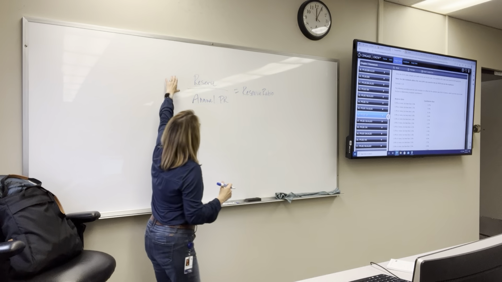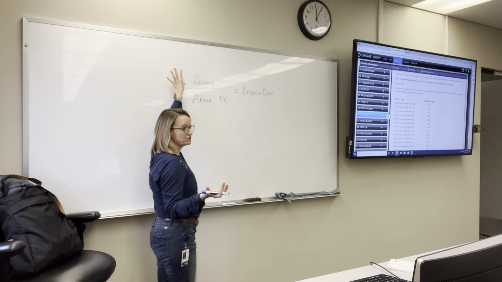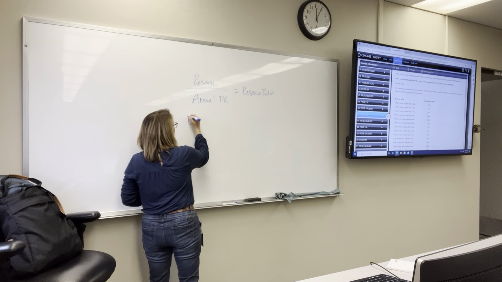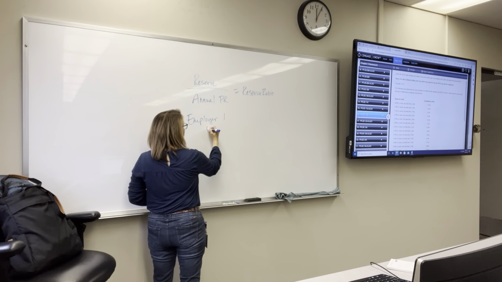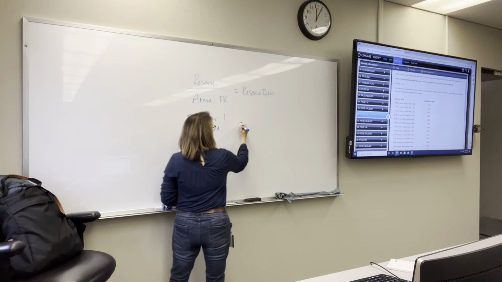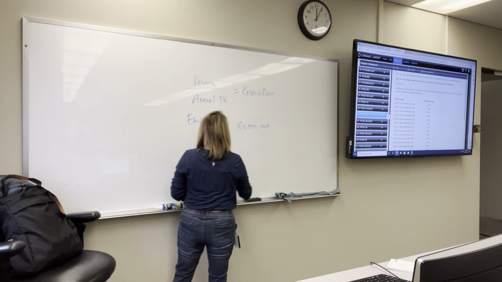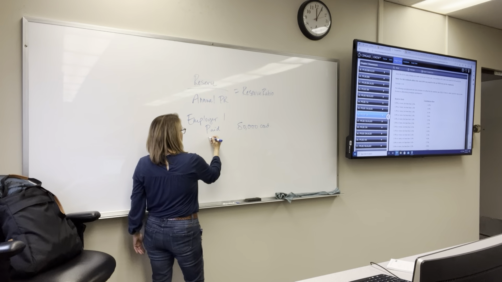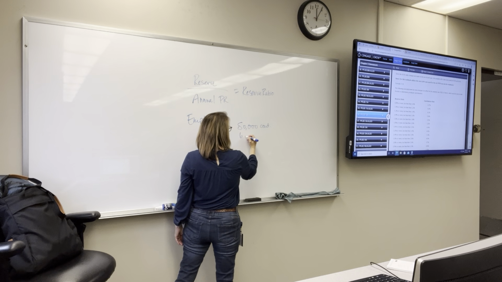So that is the amount of reserve that they have. So for example, if we have employer one, they've paid $80,000 in contributions over the years, and claims have been $60,000.